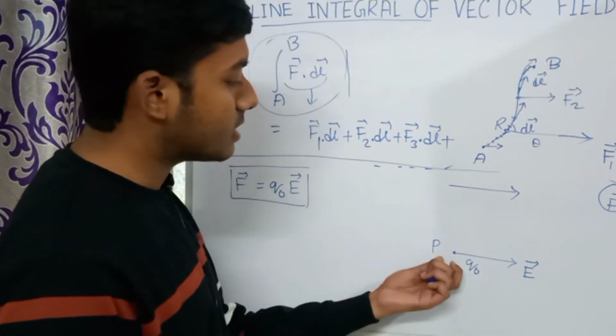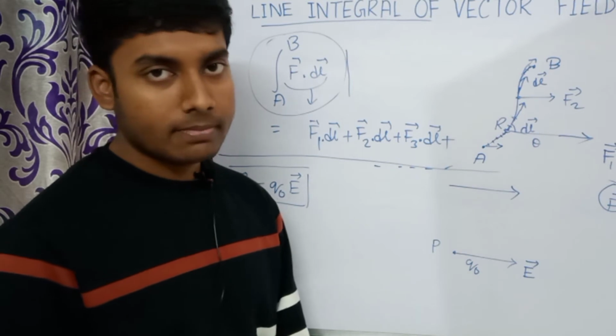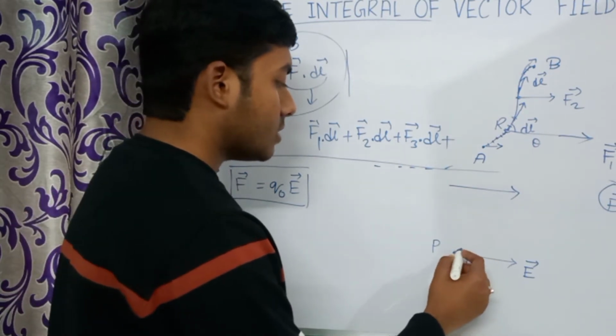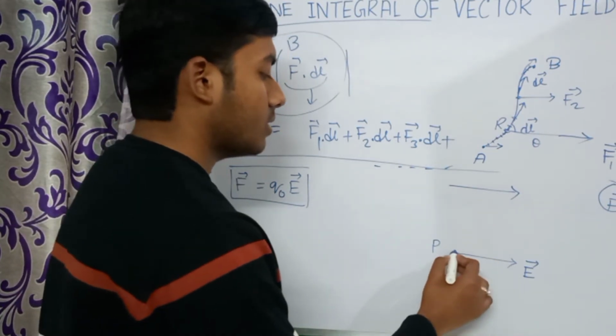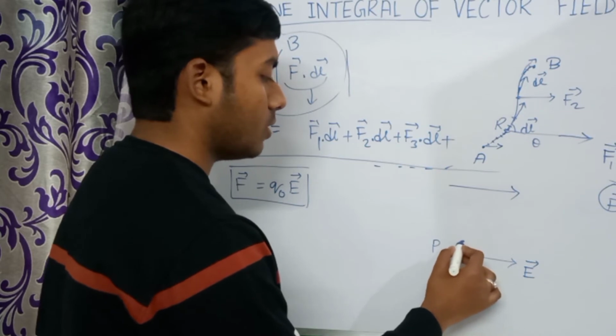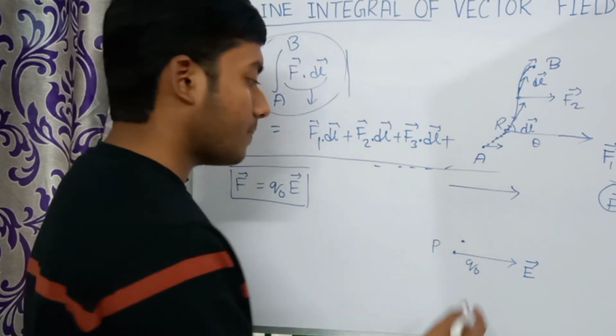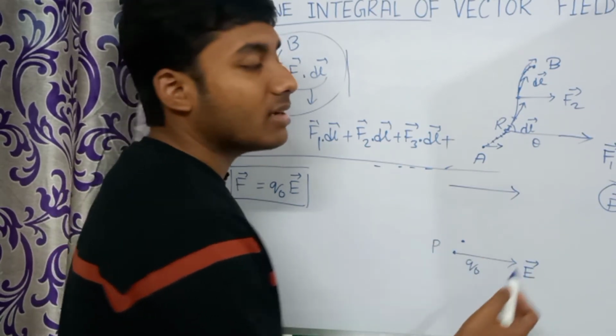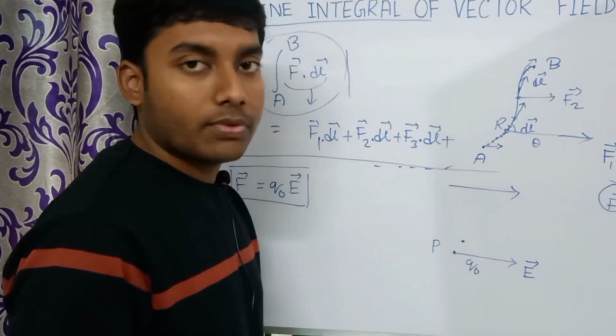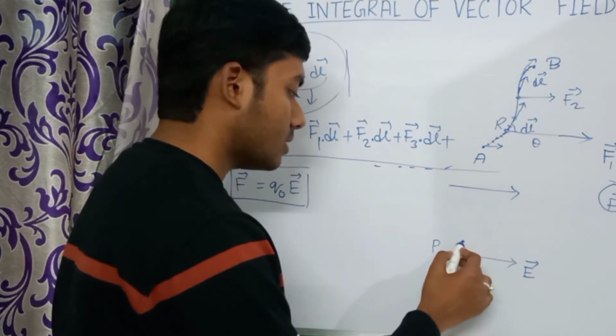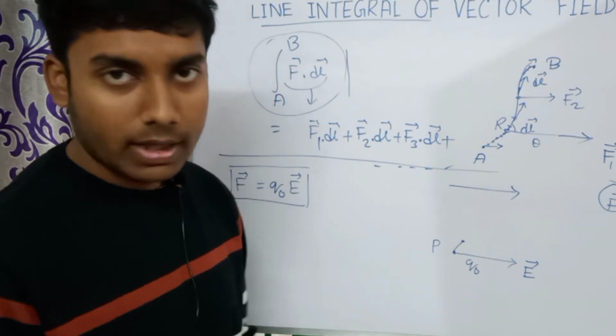Now if this test charge q0 is displaced from this point to this point, a very small distance, under the action of this electric field, then what is the work done?